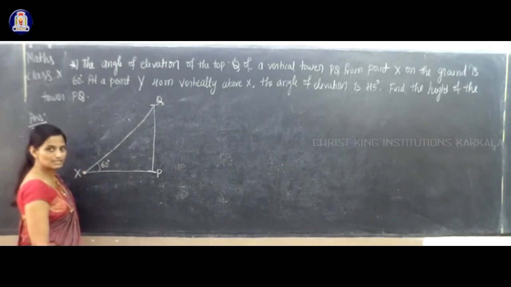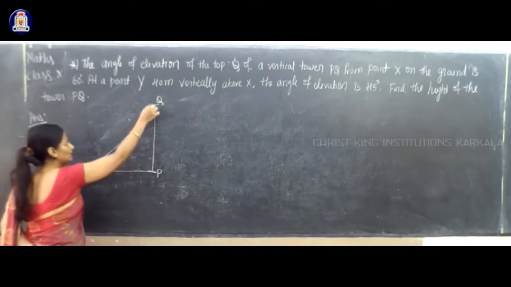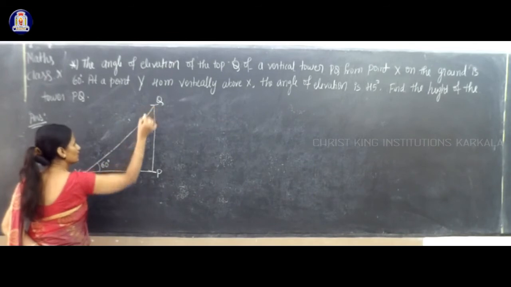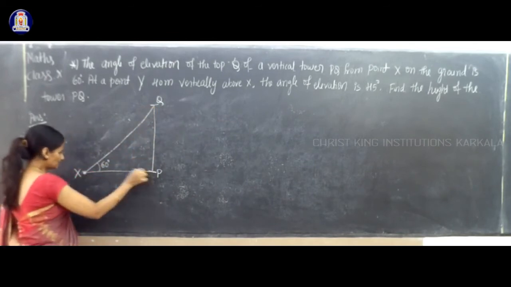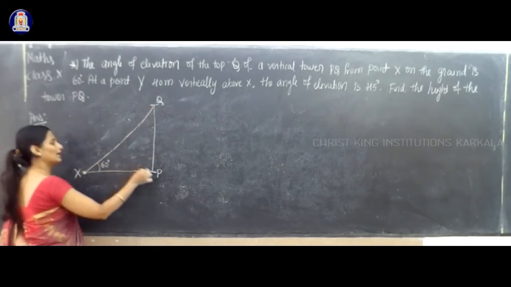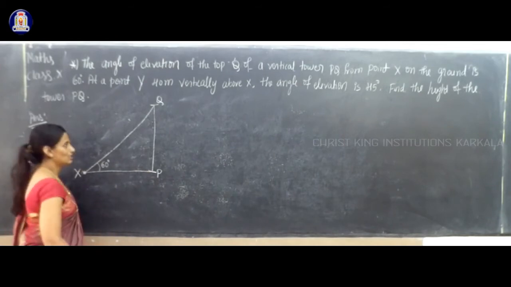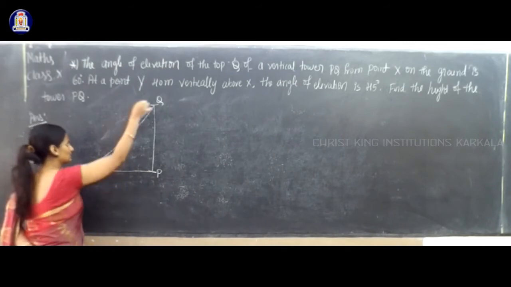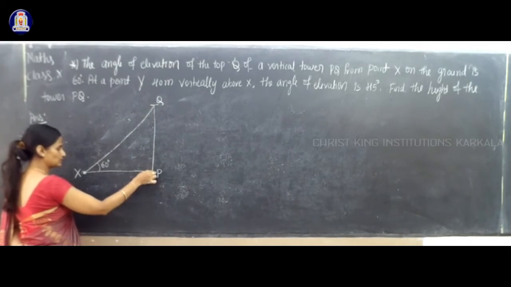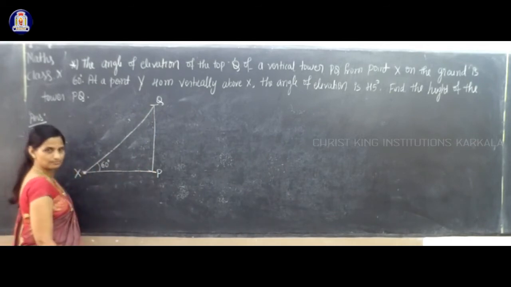So we need the height of the tower PQ. The distance between the point and this is not given, right? So use tan 60 is equal to QP, the opposite side, over PX.